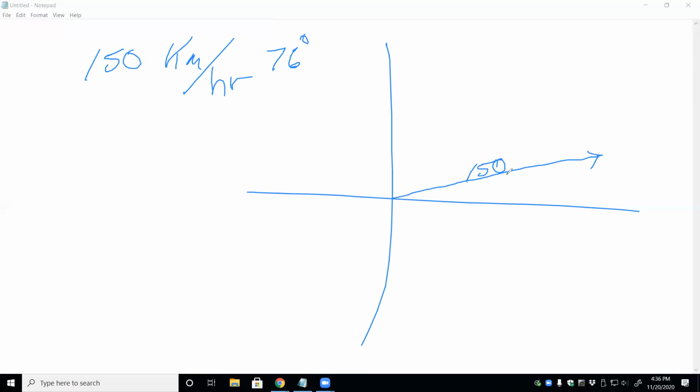Okay. Yep. And what's our wind? They're not giving me a picture. No, you have to draw your own picture. The wind is 24 miles per hour, at what bearing? At 225.